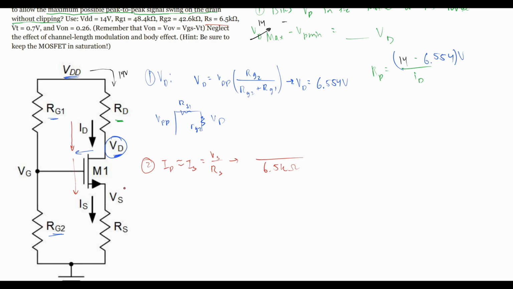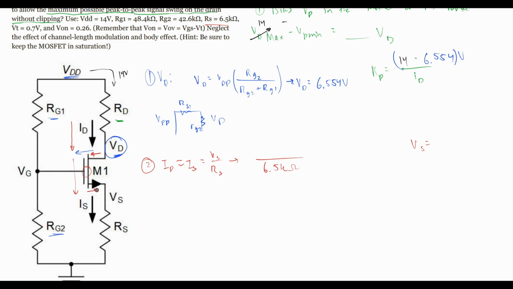And so when we solve for our VS, we can look at what we were talking about earlier, this node right here. We didn't do it for our VD, but we're going to do it for this one right here. So we have this node here, and we know that the output is going to be our VS. So we're just going to put our VS like this, equal to, well, our ID, or the VD, is going to be going into this node, right?